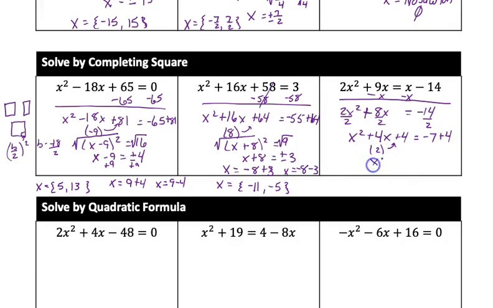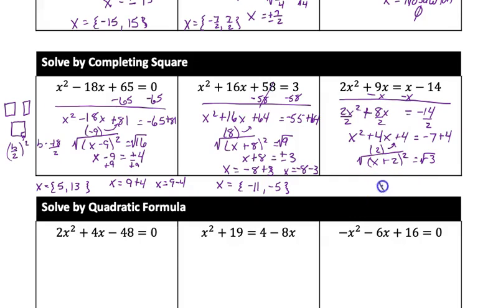So I end up with x plus 2 squared equals negative 3. I'm going to take the square root of both sides, and I notice immediately I've got the square root of a negative. Square root of a negative means I have no real solution.